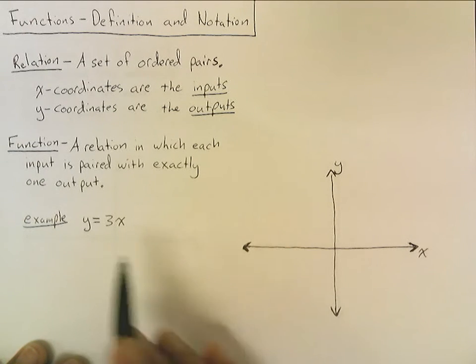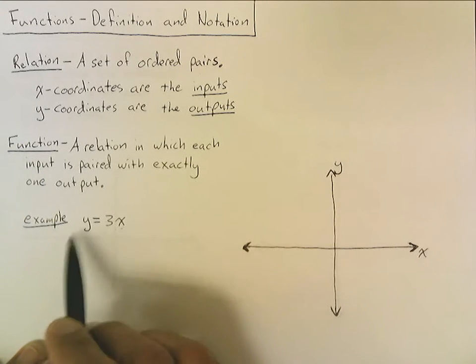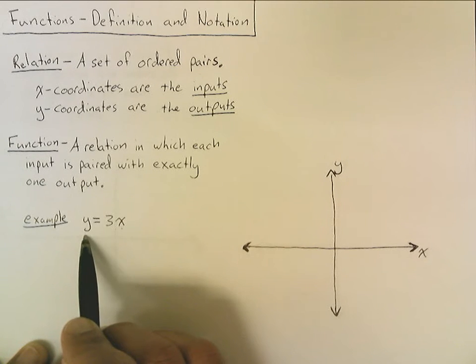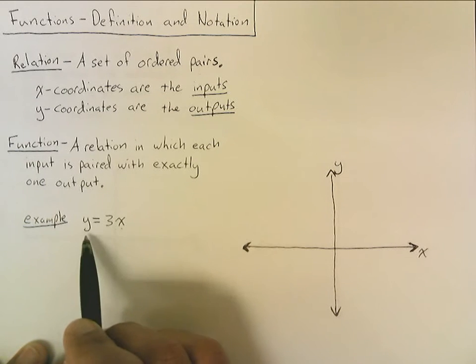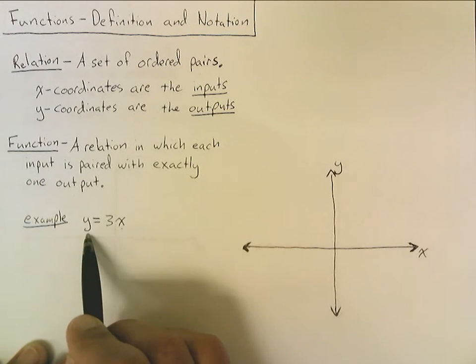But the point here is, if I tell you what x is, say 2, you can tell me what y is. If x is 2, y is of course 6. You get that one answer. If I say x is 5, you'll say y is 15. If I say x is negative 3, you'll say y has to be negative 9.